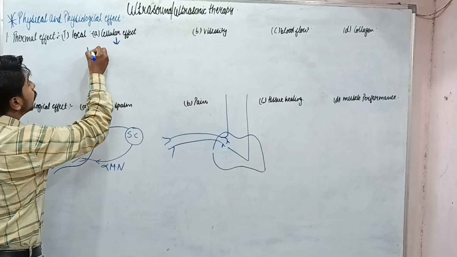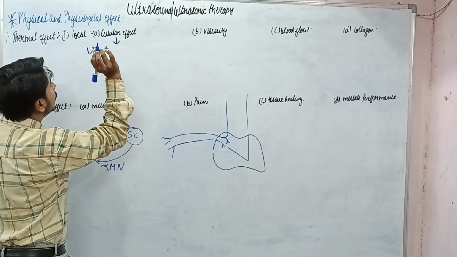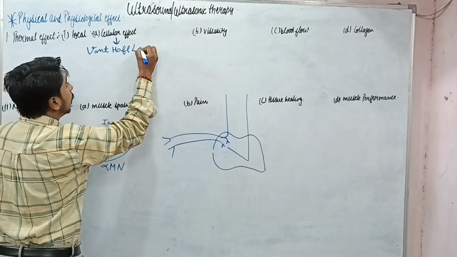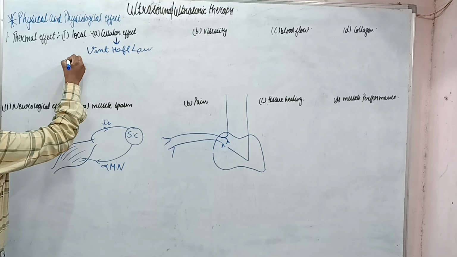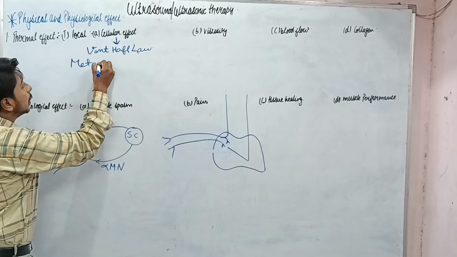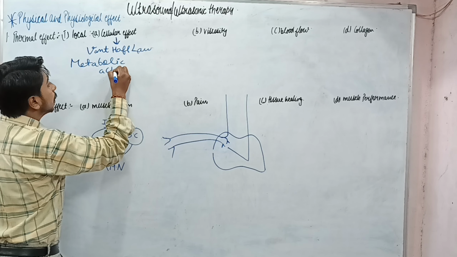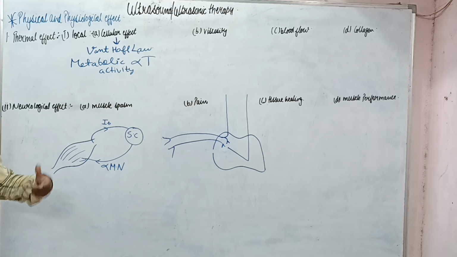So whenever you have to write the cellular effect of heating, any heating modality, Van Hoff law. And what does it state? It states that metabolic activity is directly proportional to temperature.